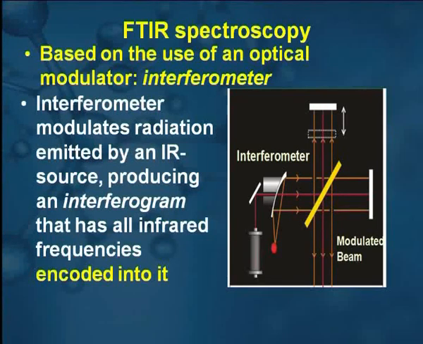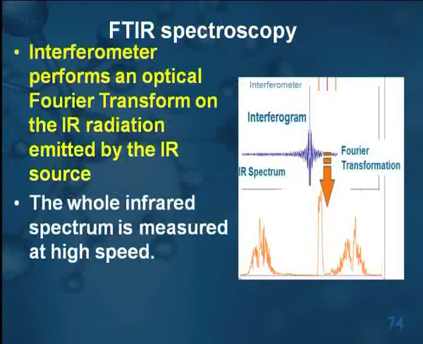One mirror is fixed and another mirror is moving. The interferometer performs an optical Fourier transform on the IR radiation emitted by the IR source, so that we can get a good output.